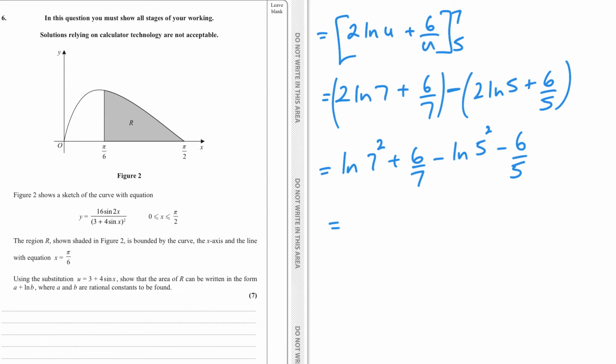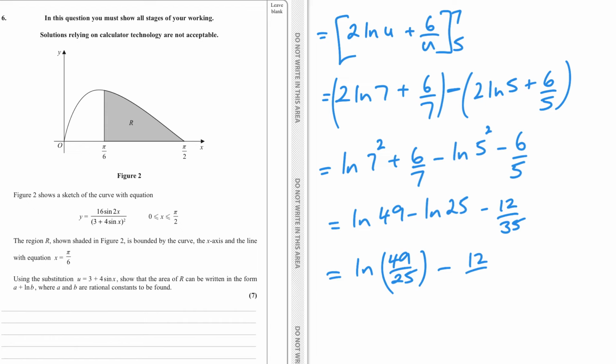And then we can see that we've got ln 49 minus ln 25, and then minus 12 over 35. With logs, if I'm taking them away, it's the same as dividing the numbers. So we've got log 49 over 25 here, minus 12 over 35. And there we have it.